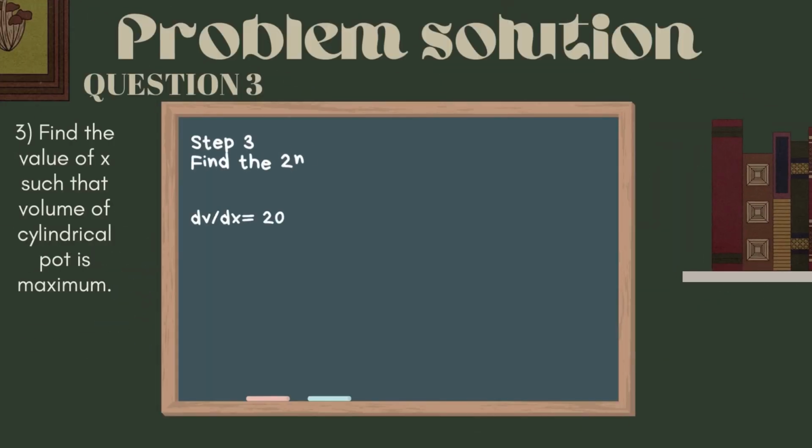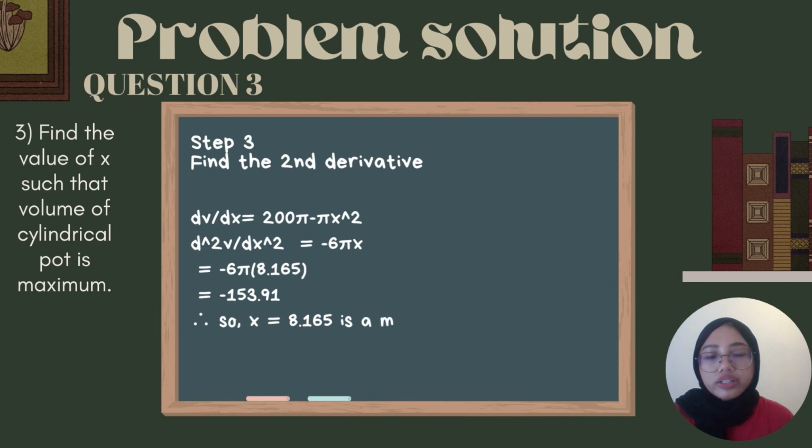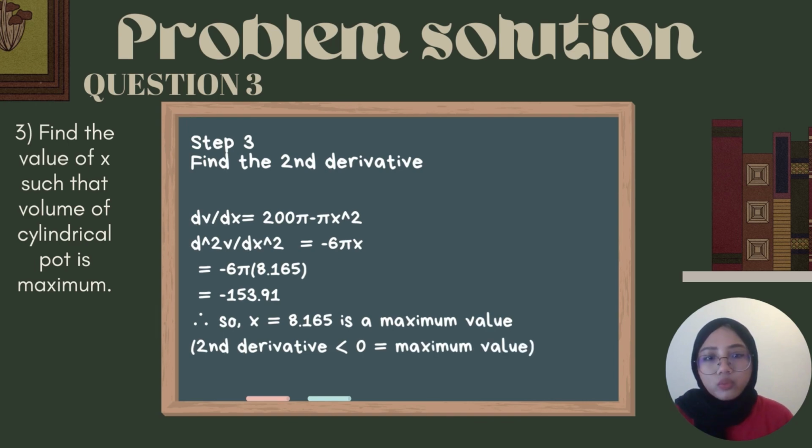The final step for this question is step 3, which is to find the second derivative. From the first derivative, dV over dx equals 200 pi minus 3 pi x squared, we differentiate once again, which gives the second derivative of negative 6 pi x.